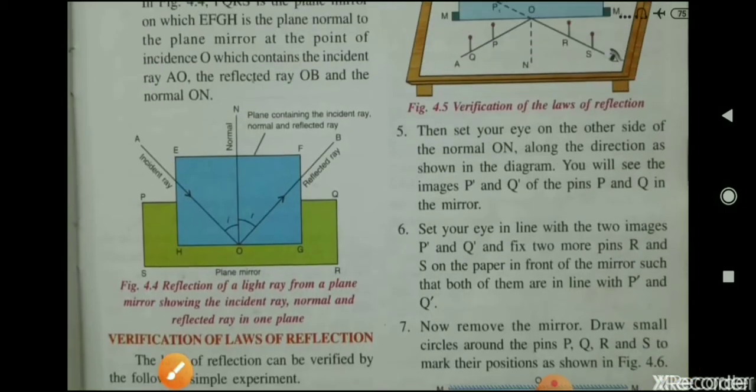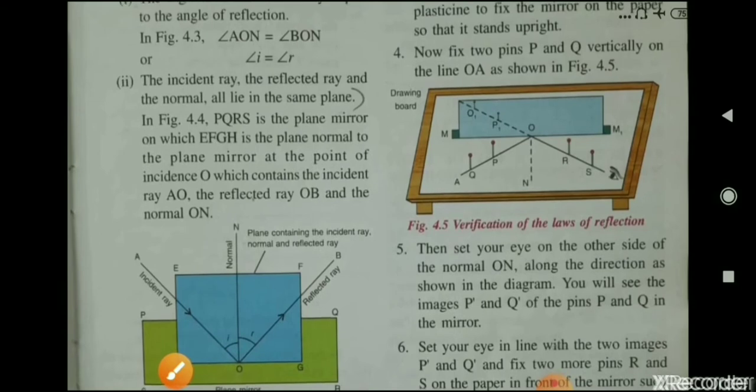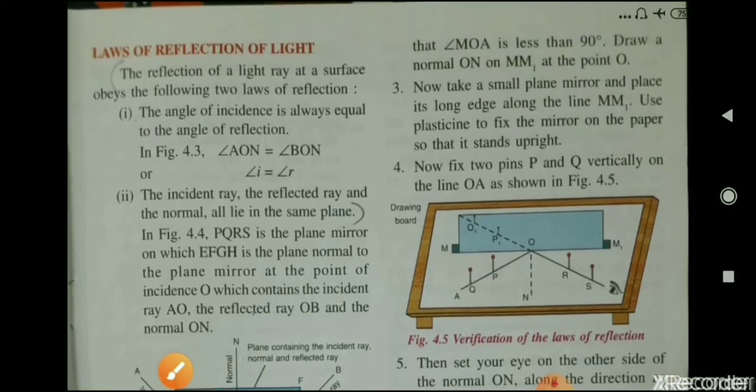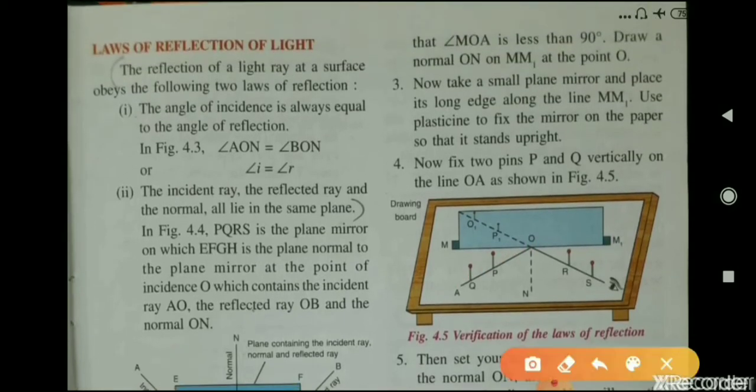You can see here, this is the line OA, such that angle MOA is less than 90 degrees. Then draw a normal ON on MM'. On this line MM' where you have to fix the small plane mirror, there you have to draw this line ON. This is the normal.